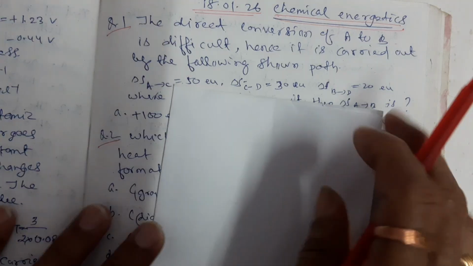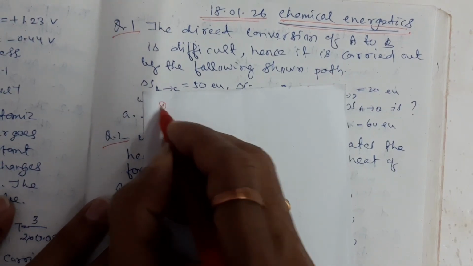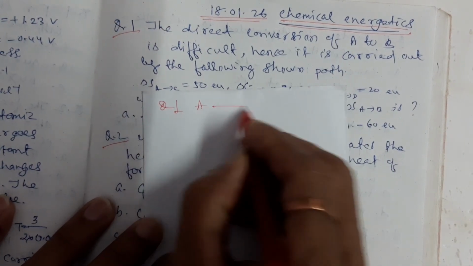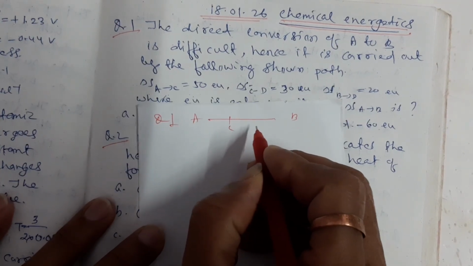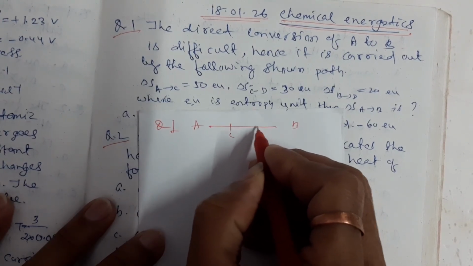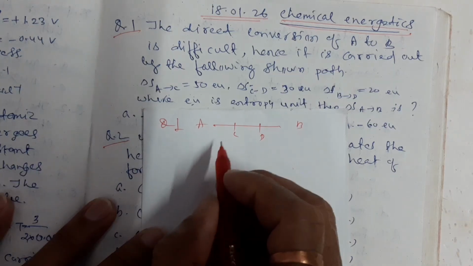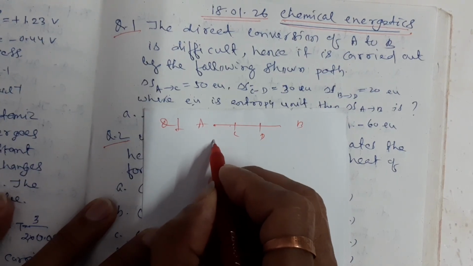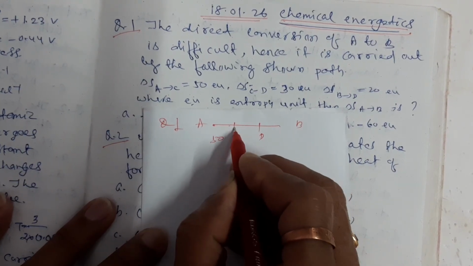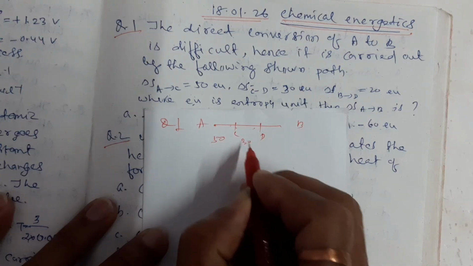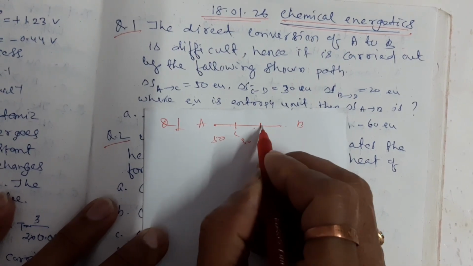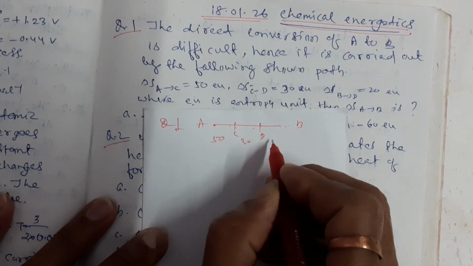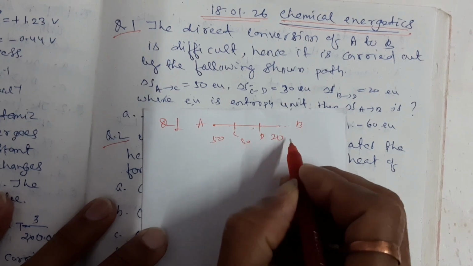Okay, so stepwise, you see question number 1: A to B is direct, while A to C is indirect, and C to D is also indirect. A to C is 50 EU, C to D is 30 EU, and B to D is 20 EU.